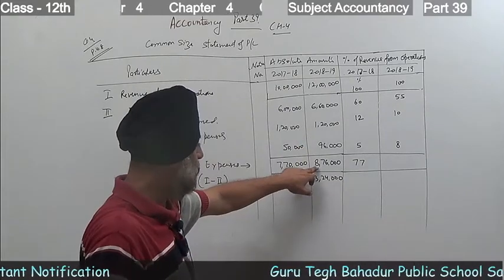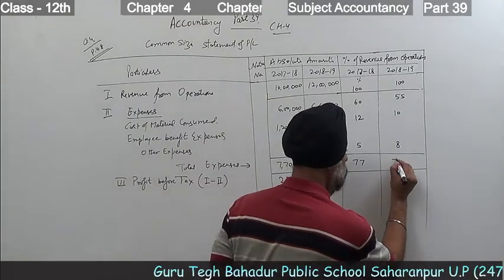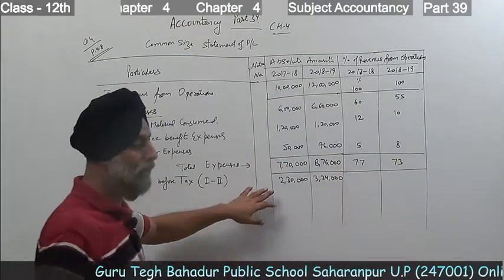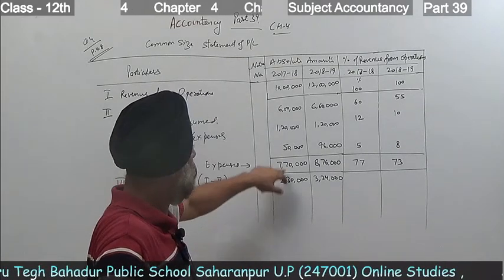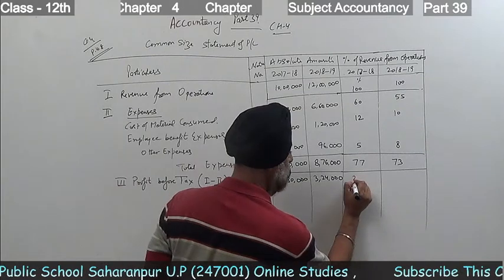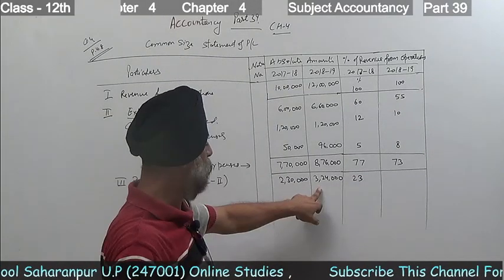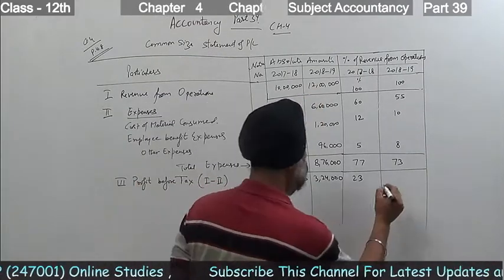In this, 876 upon 12 lakh, then we will get 73%. Now come to profit. This is 2,30,000 profit and the base is 10 lakh revenue from operation, we will get 23%. This is 3,24,000 and 12 lakh base, we will get 27%.